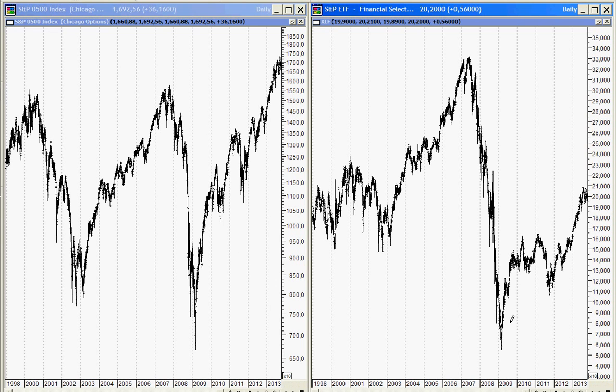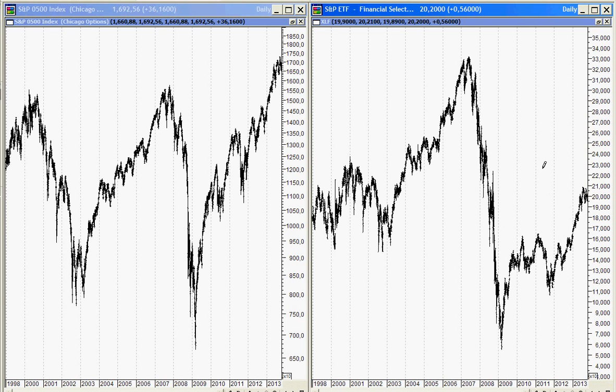And if you look at a relative chart in percent, we see from the highs of $33, if you buy the S&P ETF, the SPDR Financial Select Sector, here from $33 down to $5 and meanwhile to $20 roughly. That is roundabout 400% from the lows.